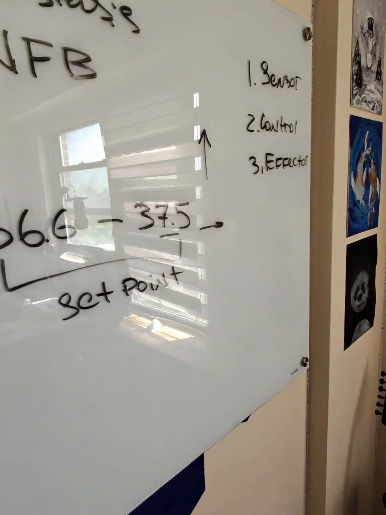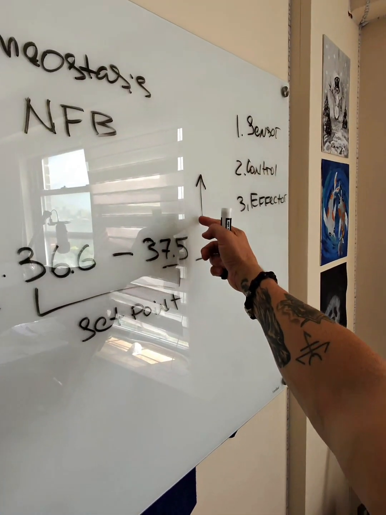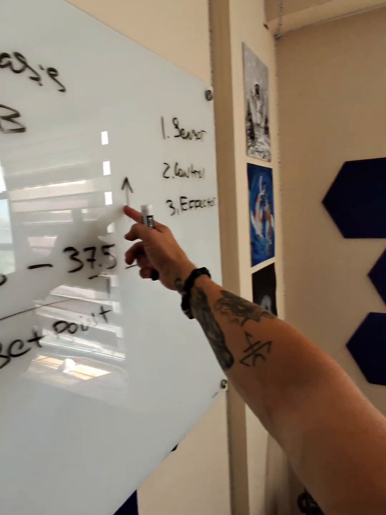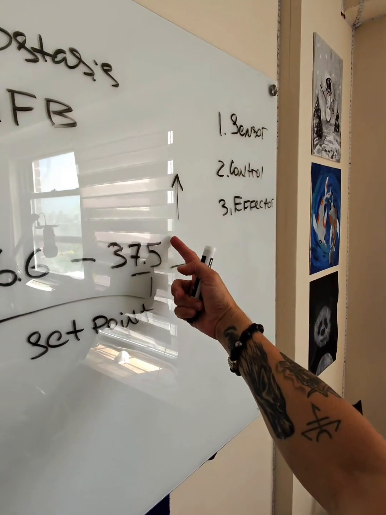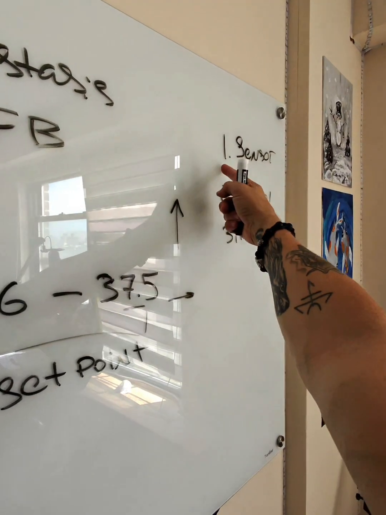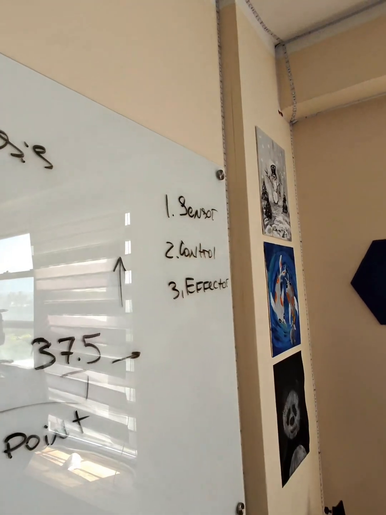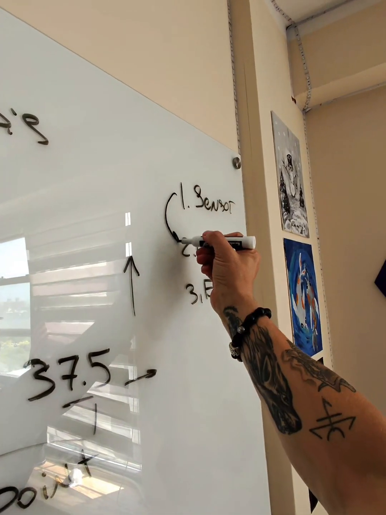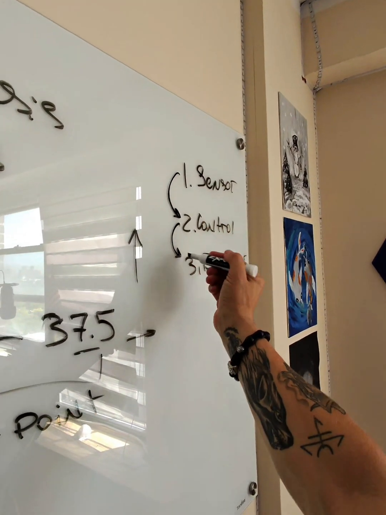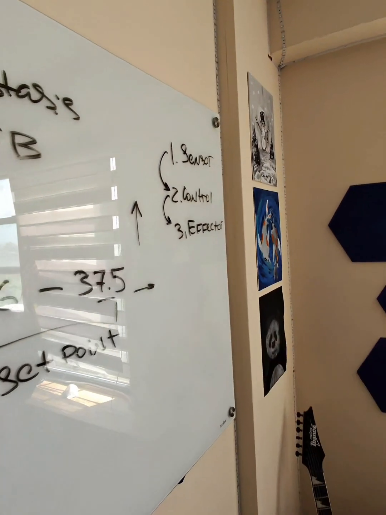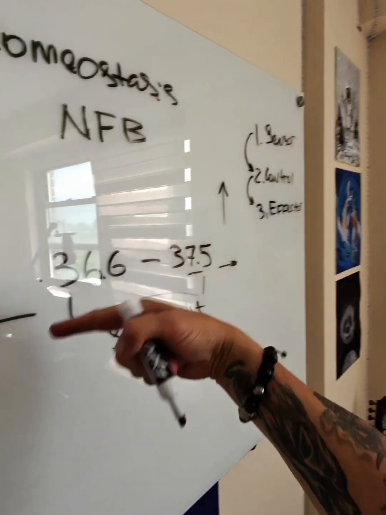And the effector is something that will increase or decrease this condition. If the temperature is going up, sensors detect that you're off the range and communicate with the control center, the organ that will send the command to the effector. The effector is the organ or organ system that will decrease the temperature.